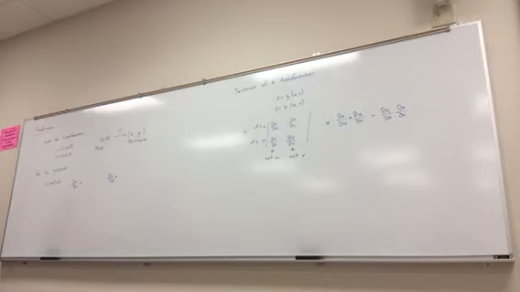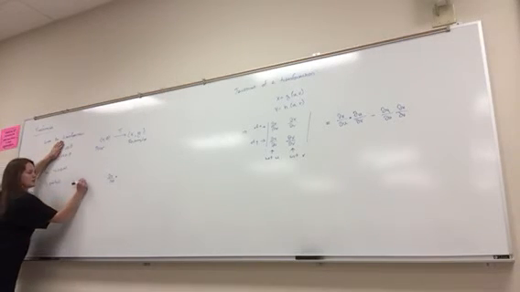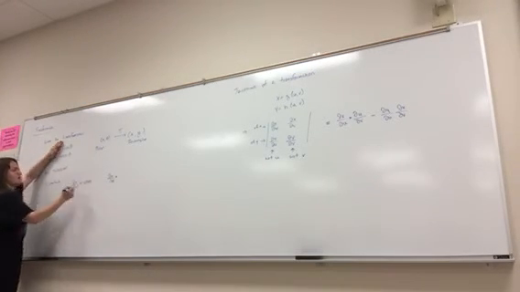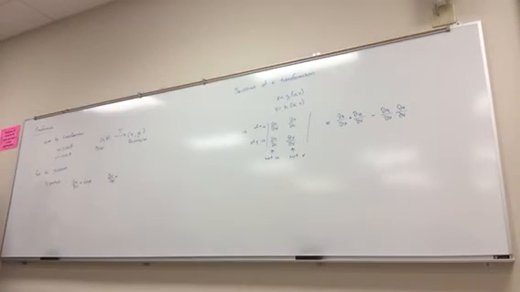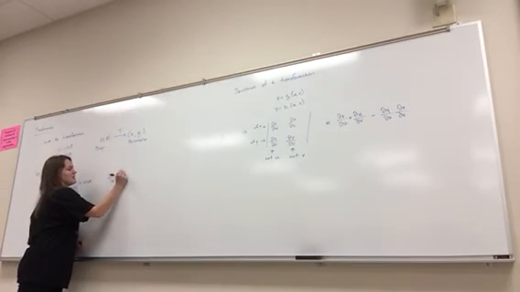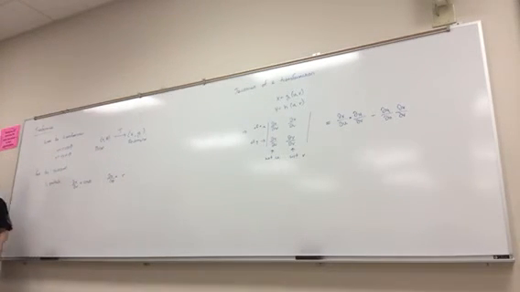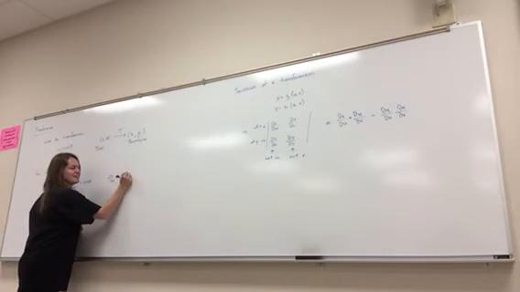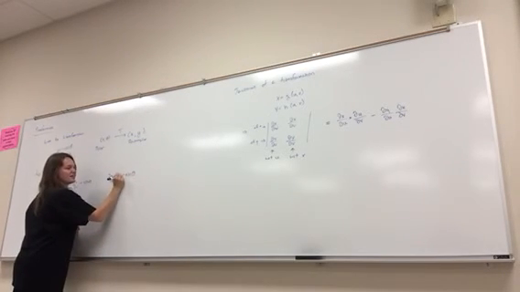What is the partial of x with respect to r? Going back to chapter 11, if I take the derivative with respect to r, it'll give me cosine theta, because the r will drop off. The partial of x with respect to theta: the r is going to stay, it's sine, and is it negative or positive? Negative.